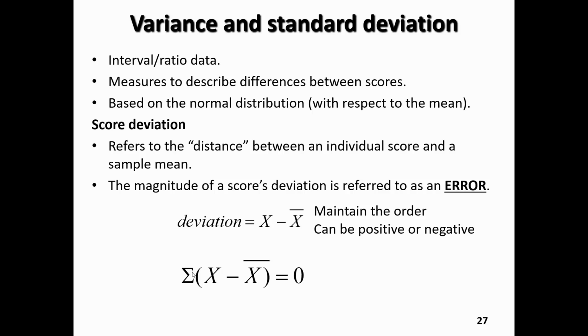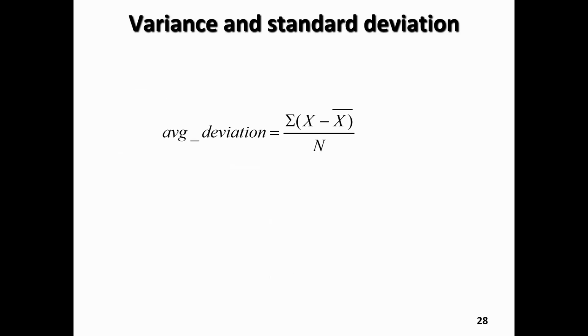The reason that's problematic is because if we have a sample of 30 numbers, and we calculate the deviation value for each of those numbers, and we add up all of those deviation scores, which is contained here in the parentheses in this lower equation, with our summation symbol here, it will equal 0 because half the scores will be positive, the other half will be negative. So that poses a problem, and there are ways in which that is dealt with, and we'll get to that shortly.